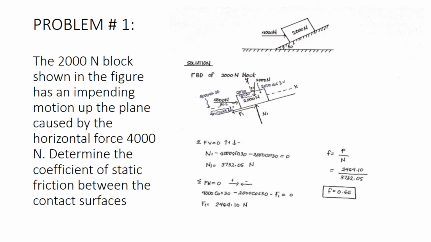For the force, whose direction is sideways, we have the answer of 2464.10 Newton. And for determining the coefficient of static friction between the contact surfaces, we have the formula: friction equals force over normal force. Then we substitute the values and we get the answer of 0.66.